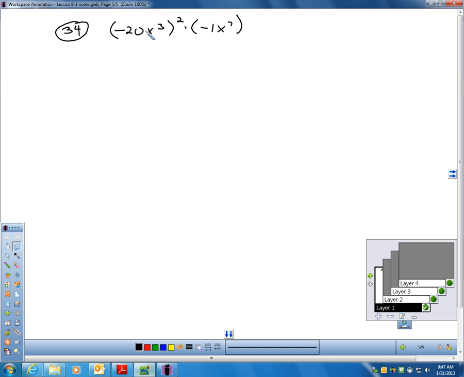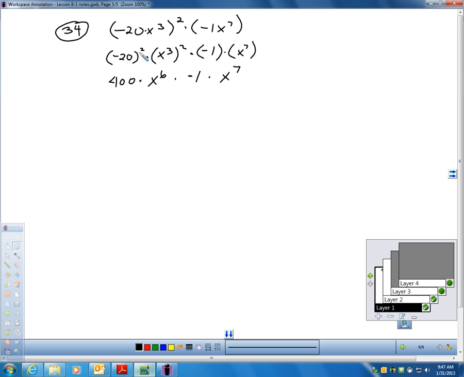Really, I have negative 20 times x cubed. So I should apply the second power to the negative 20, and I should apply the second power to the x cubed. Okay. Now over here, I'm just going to break this up. The 7th power does not apply to the negative 1. Now, if the 7 was out here, well, then it would apply to negative 1 and x, but it just applies to x right now, so I have negative 1 times x to the 7th.